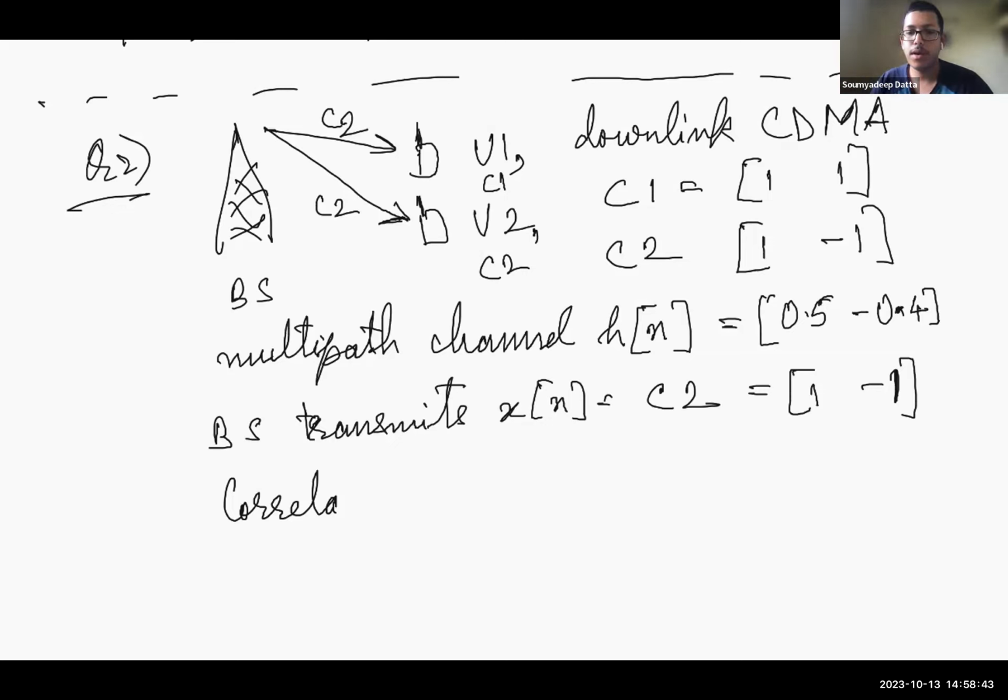You are told the voice activity factor. This is there in the lecture, but I'll just write it. Voice activity factor nu is given to be, let's say, 0.2.